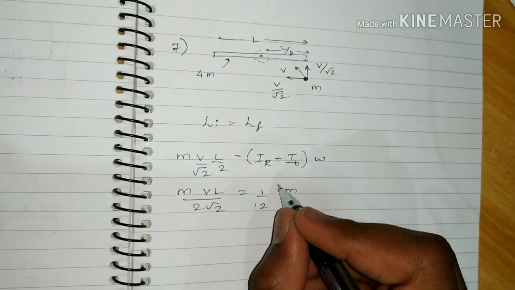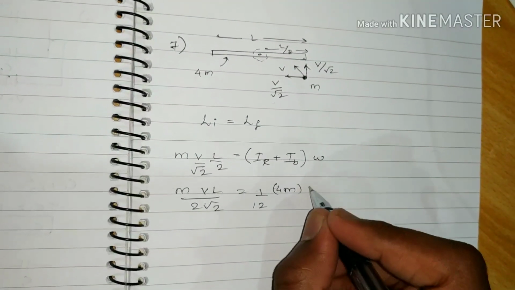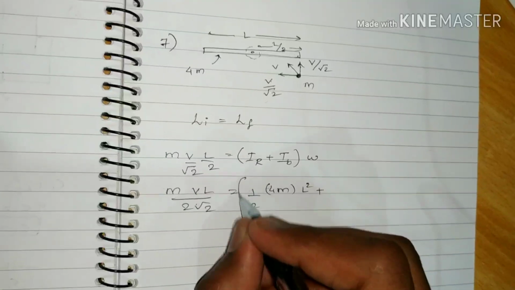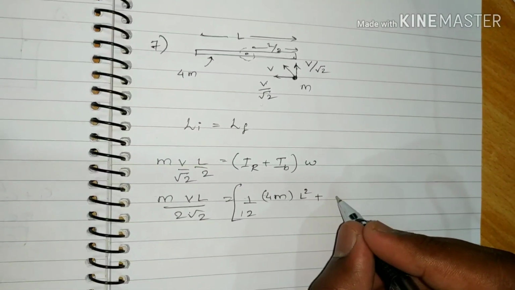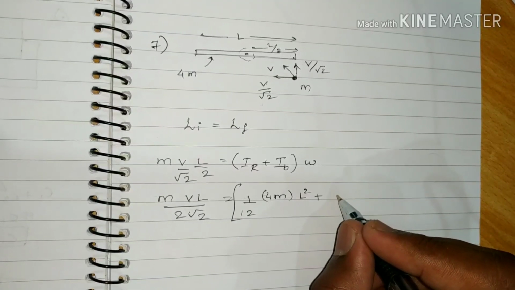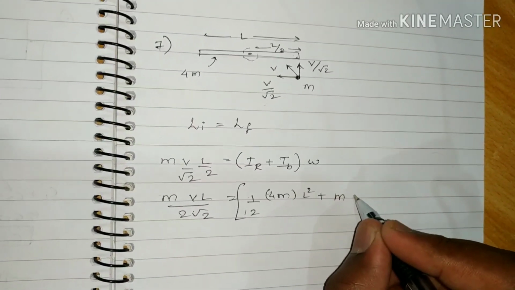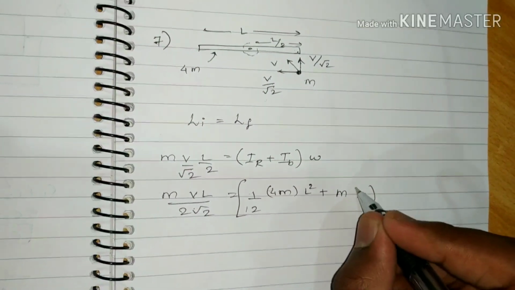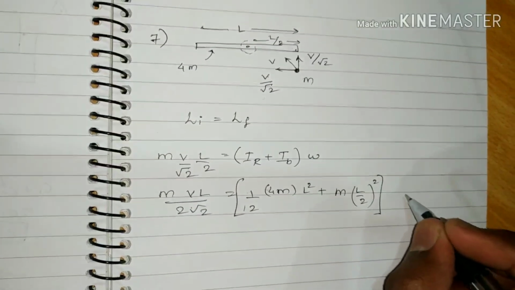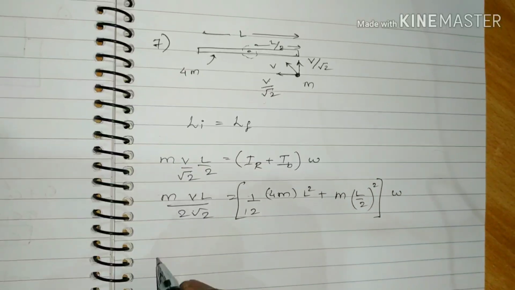Therefore, I shall write that as 1 by 12 m L square plus the body which is hitting. The moment of inertia of that particular body will be equal to mr square, where r in this case is L by 2, so L square by 4, multiplied by omega.